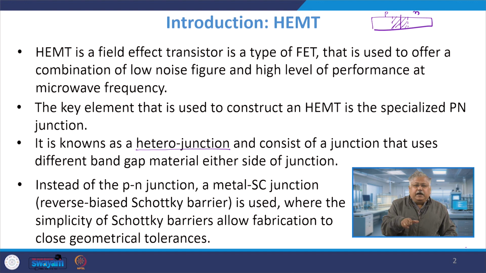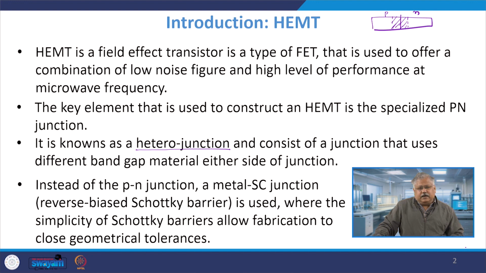They try to create a potential well in that particular domain, and once you do that, you basically allow a large number of electrons to stay there. Not only that, if you apply a bias, it will start moving without too much amount of scattering, and therefore the mobility increases.